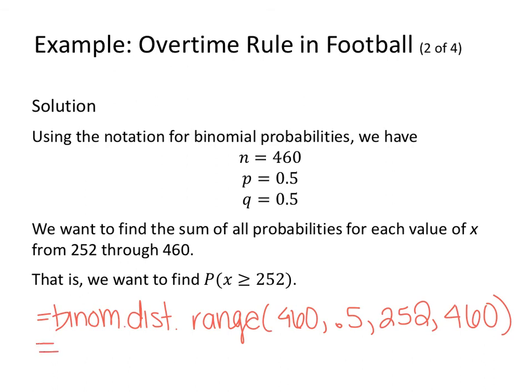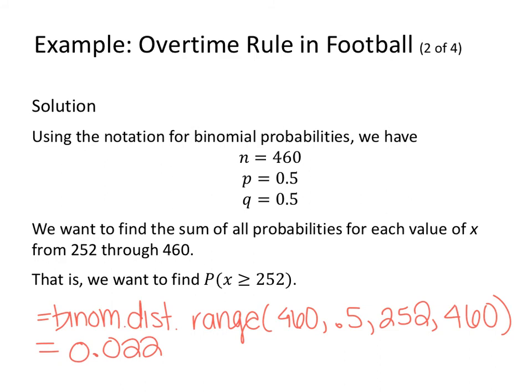And when you put that into Excel, you should get 0.022. This means the probability of 252 or more wins in 460 overtime games is 0.022, which is low because it is less than 0.05.